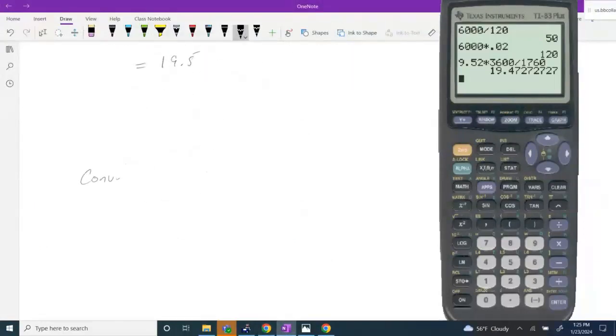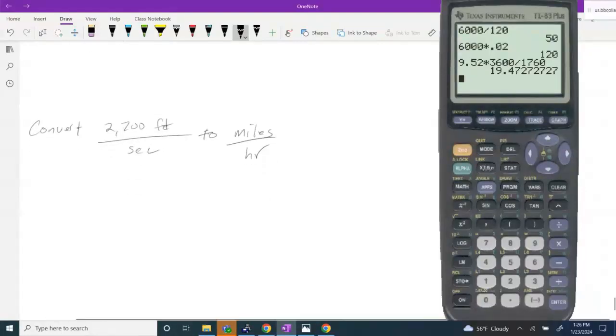2,700 feet per second. So notice I'm kind of putting feet in the numerator and second in the denominator. We want to convert that to miles per hour. All right.